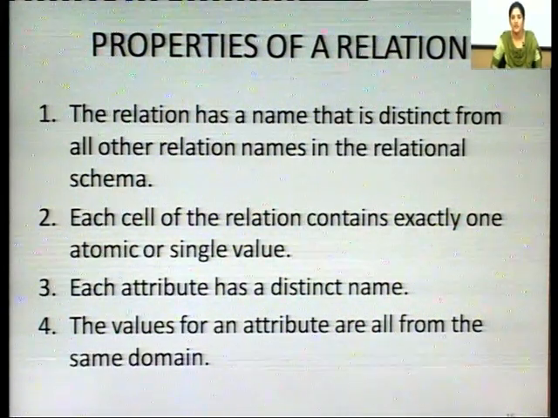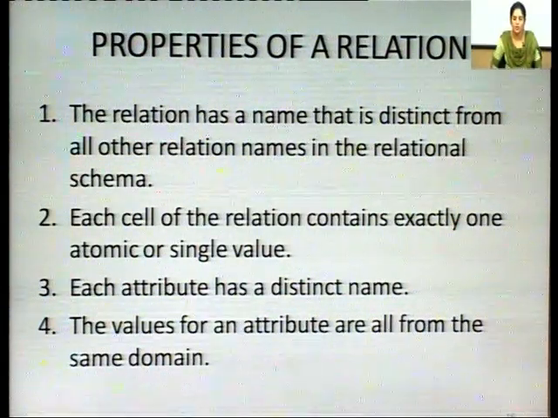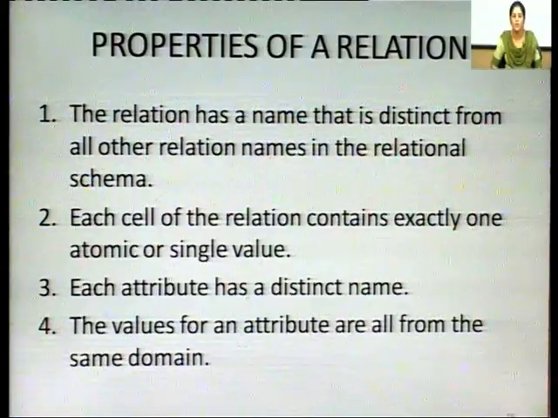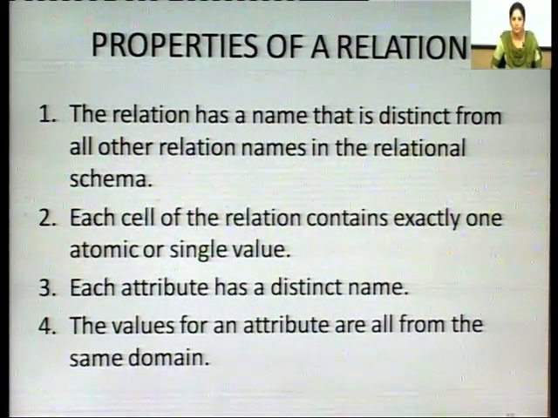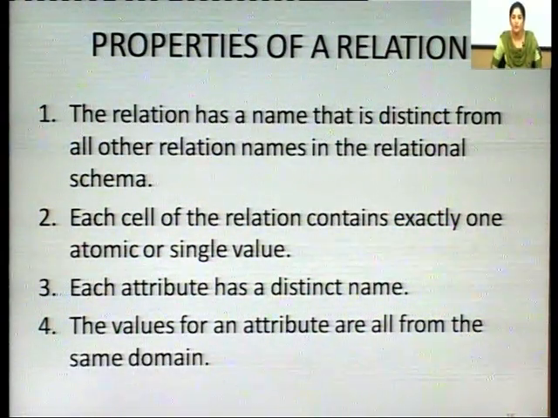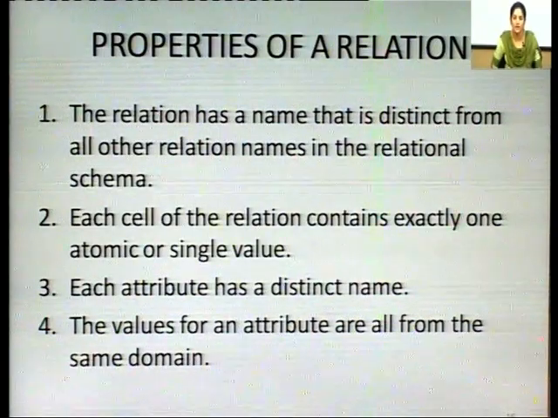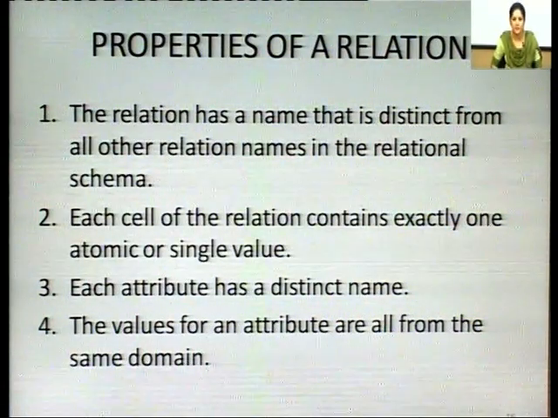Next property is, each attribute has a distinct name. You will have a number of attributes in your table, but you cannot give the same name to more than one attribute. For example, you can have a name column only once in your table and cannot write it twice. So it would be a violation of constraints.